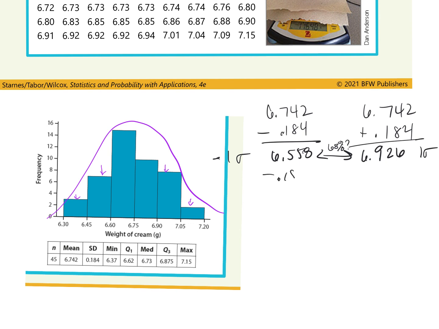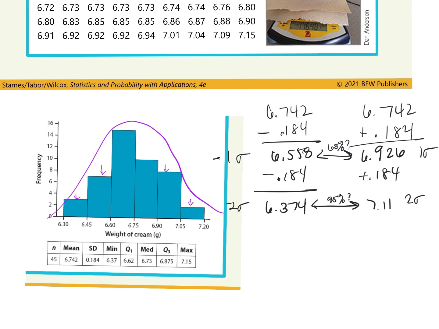Then I'm going to subtract 0.184 again, and add 0.184 again. I get here 6.374, and then 6.926 plus 0.184 is 7.11. We want to know, is this about 95%? That's 2 sigmas.